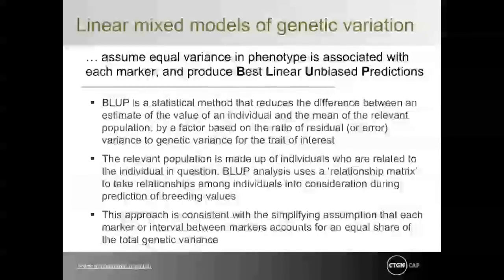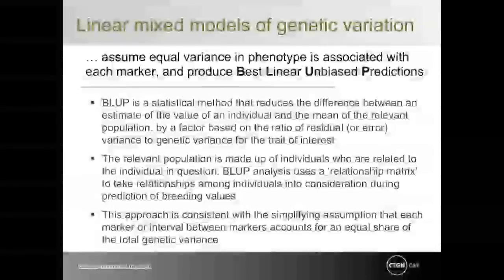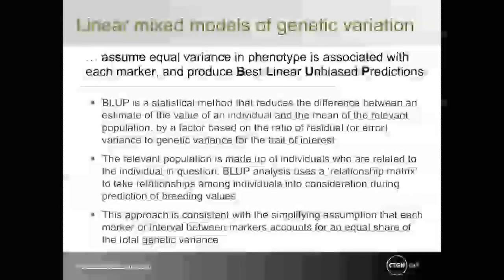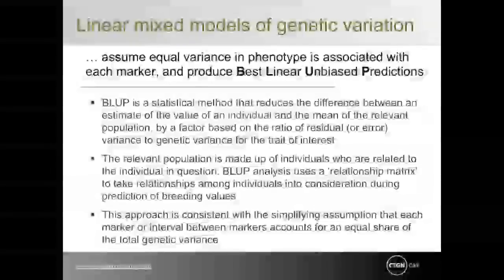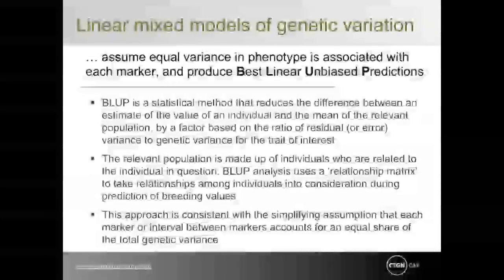This type of trait would have low heritability and a small genetic variance relative to the residual variance. The shrinkage factor would be large, and the phenotype of the individual would be less important than the mean phenotype of the population in estimating the true genetic value of the individual.